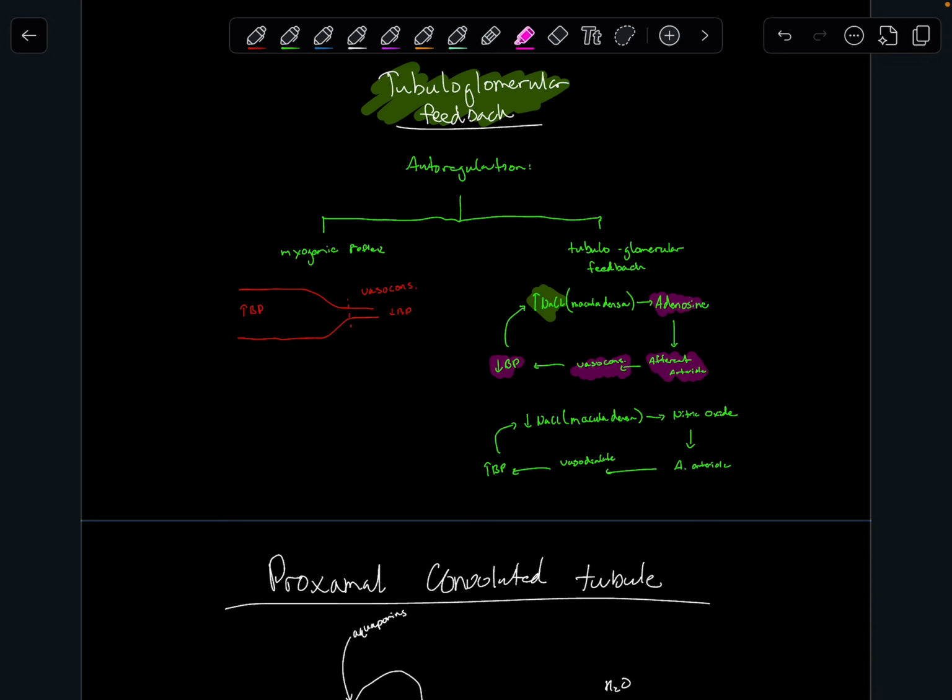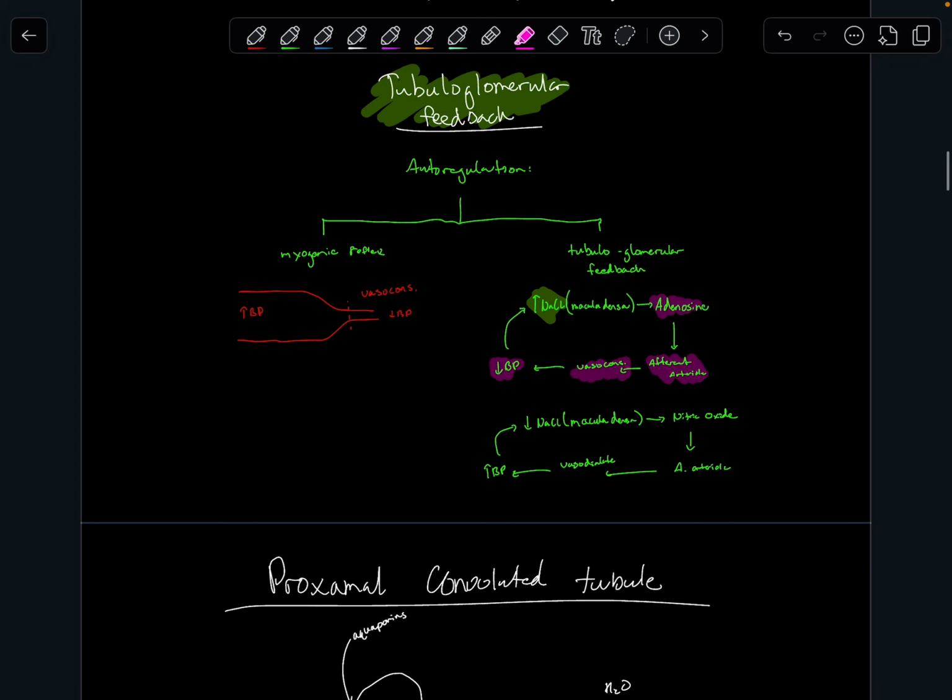Okay. But what's interesting too, right? We have vasoconstriction here. Vasoconstriction will actually increase blood pressure before it, but decrease the blood pressure in this constricted area, if that makes sense.